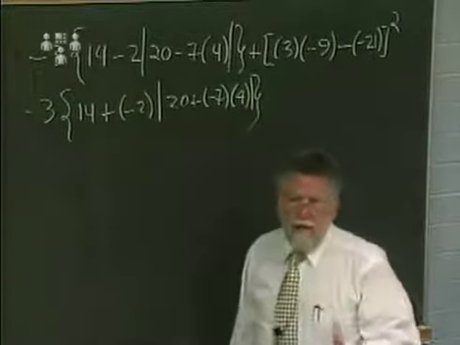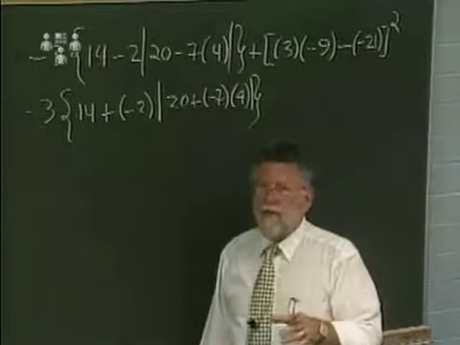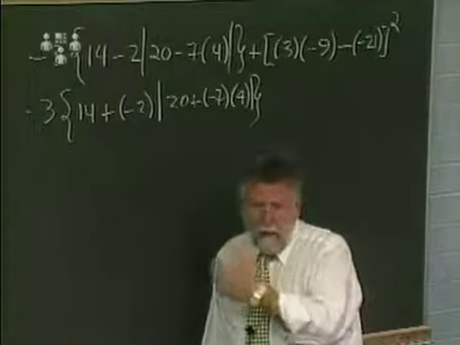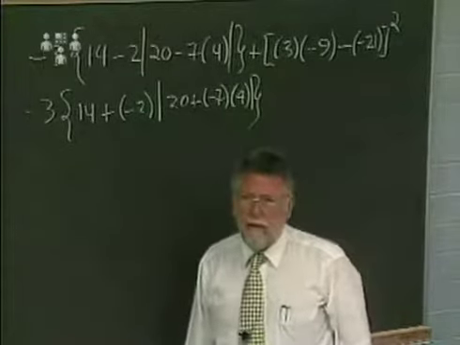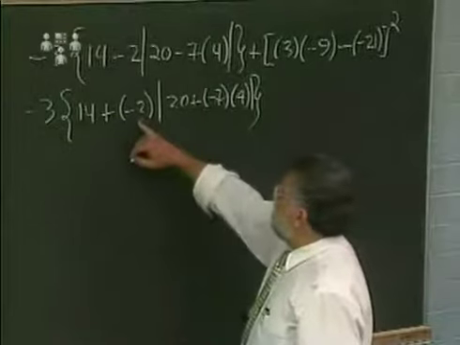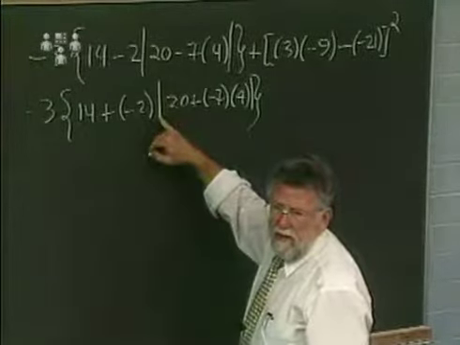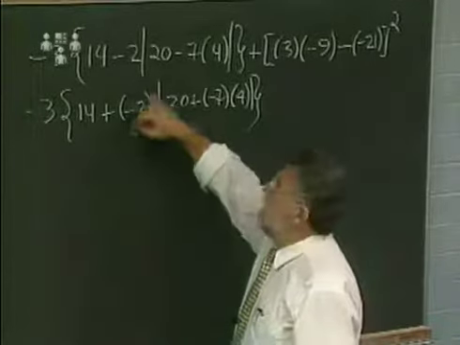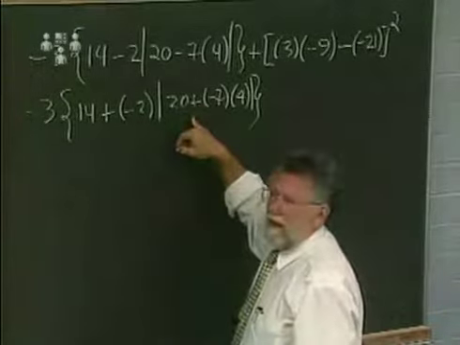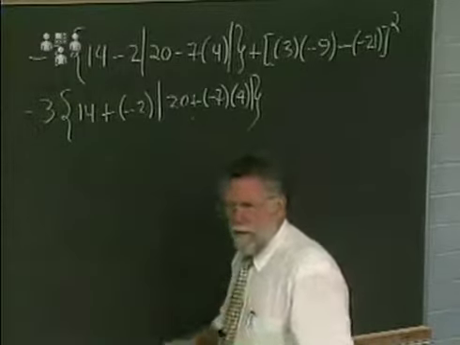Now, I'm doing this for clarity. I would have done more on my own if I wasn't trying to show you. I could do the distributive property, but the problem is this isn't parentheses. It's an absolute value. So I can't bring that in. I could write something that would make it work, but I don't want to go there.